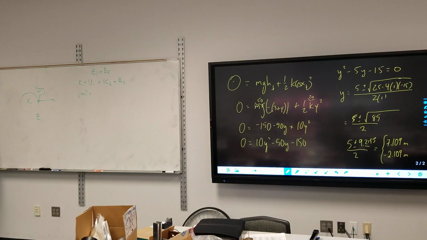Now we're dealing with gravitational potential, but we're not dealing with mgh, because as this thing launches, little g is not constant by any stretch of the imagination.